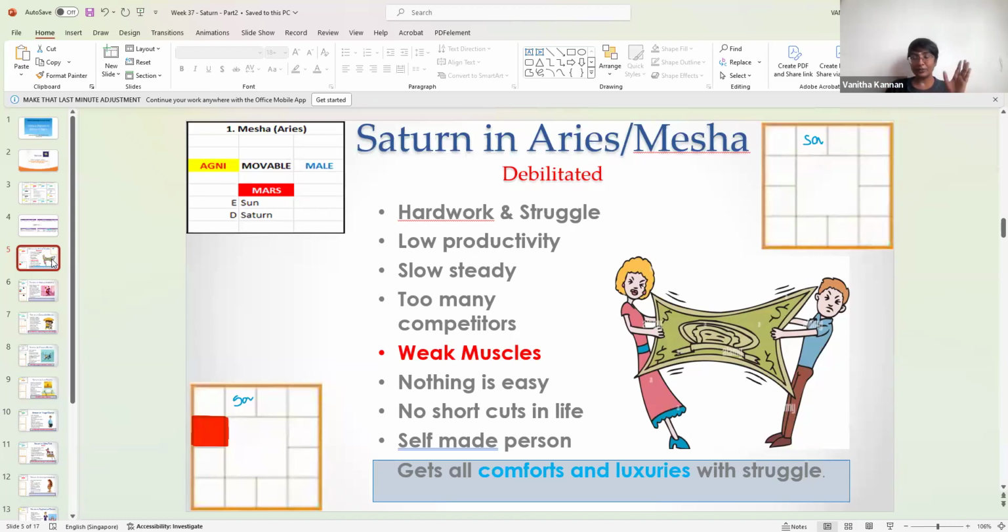They have the willpower to come over it. Whatever comes in my life, I can manage and pull myself out from any kind of tragedy. This kind of attitude will be there. Whatever comforts and luxury they have in their life, they will obtain by having lots and lots of struggles.